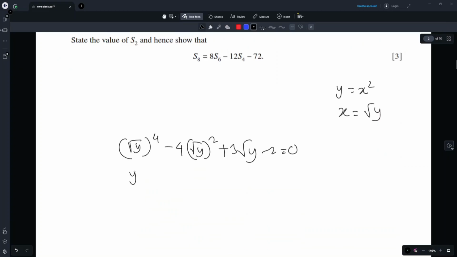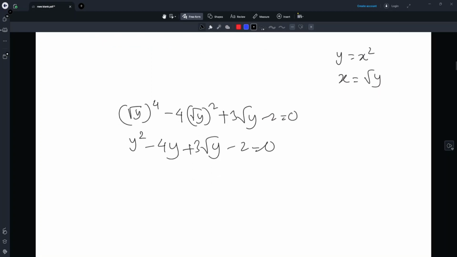So we have here y squared minus 4y plus 3 root y minus 2 equals 0. Now I'm going to take this one to the other side because I want all of them to have even, positive integer powers, and also I want this to be quartic as well. So we have here 2 minus 3 root y.